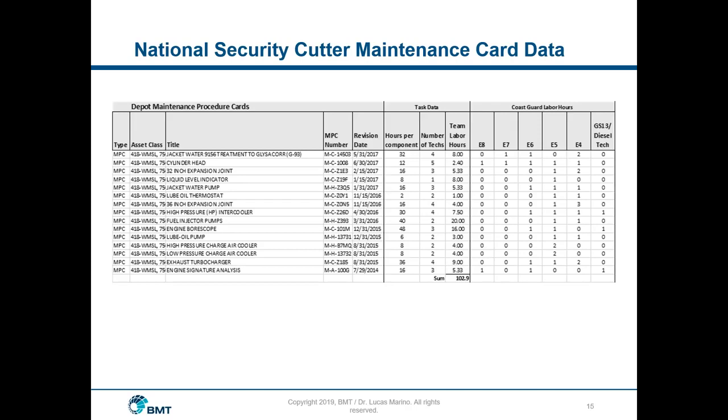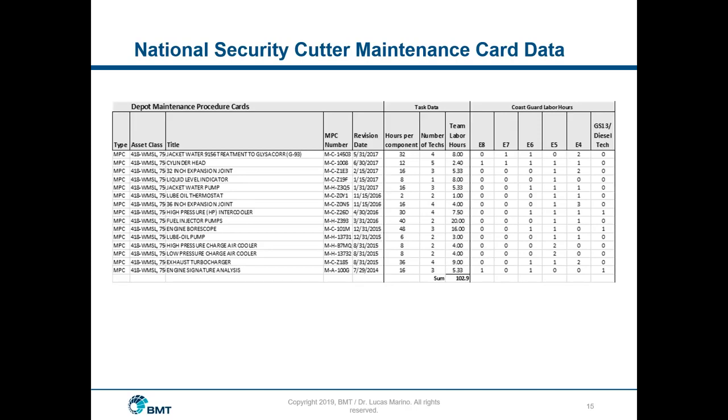This was not necessarily a routine task, but they had a card already developed based off of the tech manual for this piece of equipment. We could tell how many hours for each cylinder head were allocated, the number of technicians needed, and how many team labor hours were included, so I knew how much time the team would be on site. And then we had each level of enlisted technician accounted for by hours.